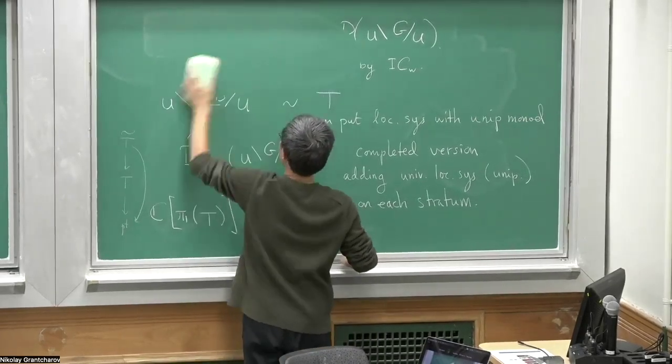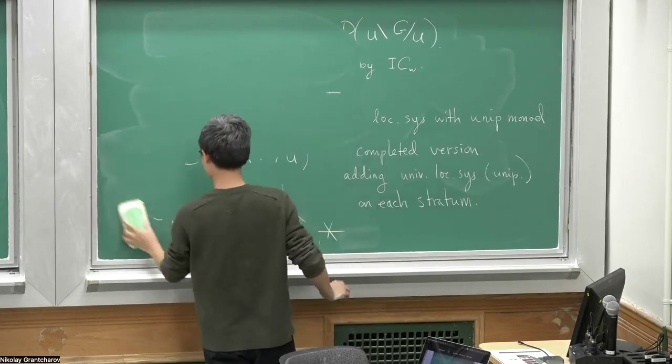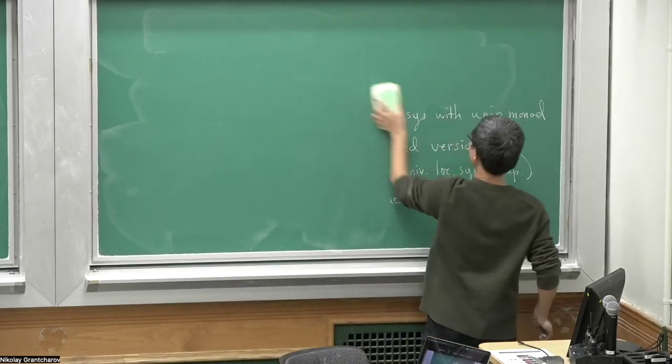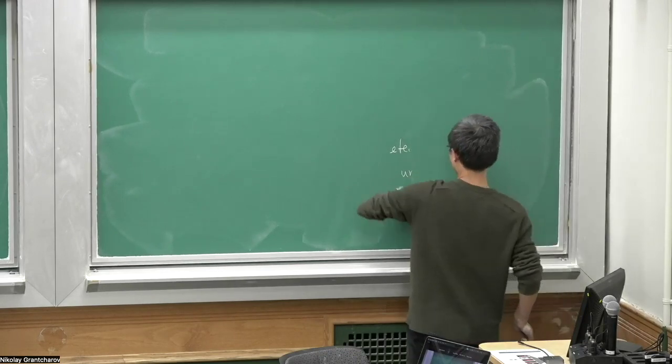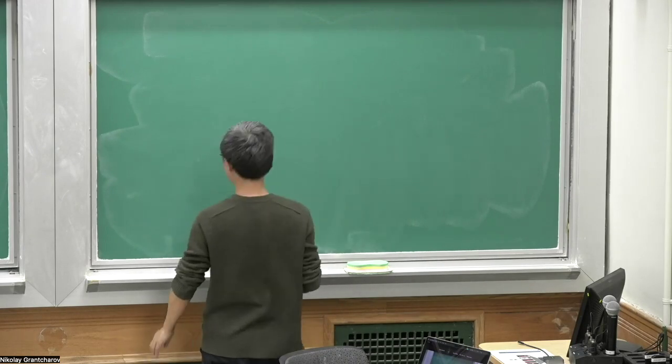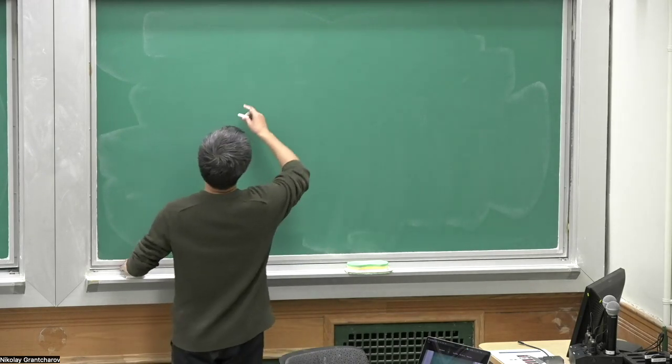So it's really a direct sum decomposition as a DG category, with no Hom or Ext between different blocks.